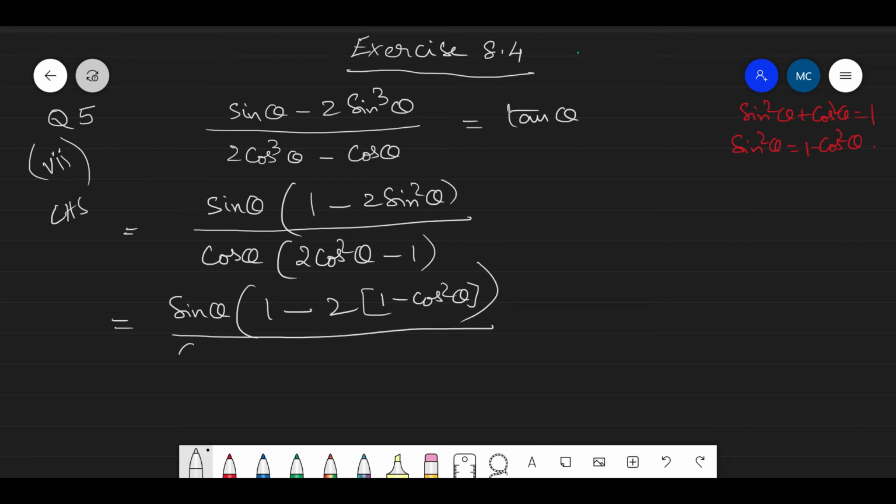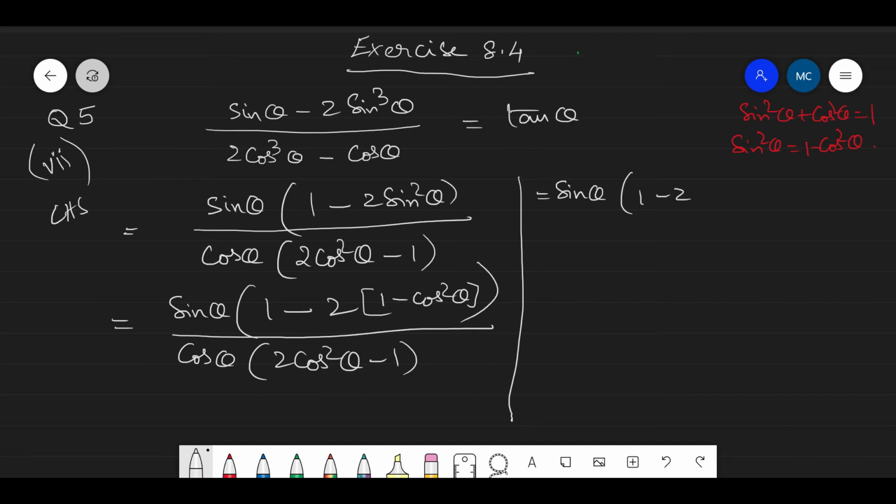Here cos theta into 2 cos square theta minus 1. Now this will become sin theta into 1 minus 2 plus 2 cos square theta, because minus into minus is plus, by cos theta into 2 cos square theta minus 1.